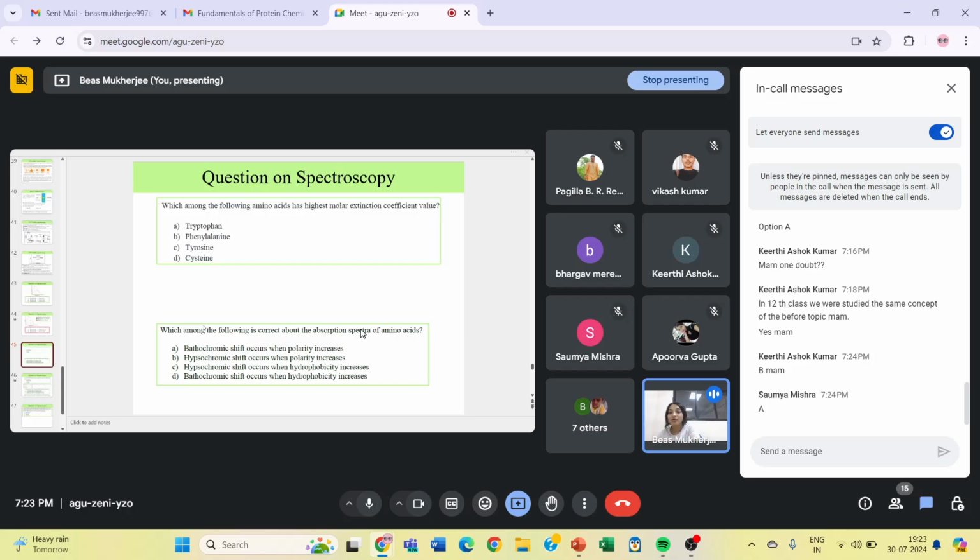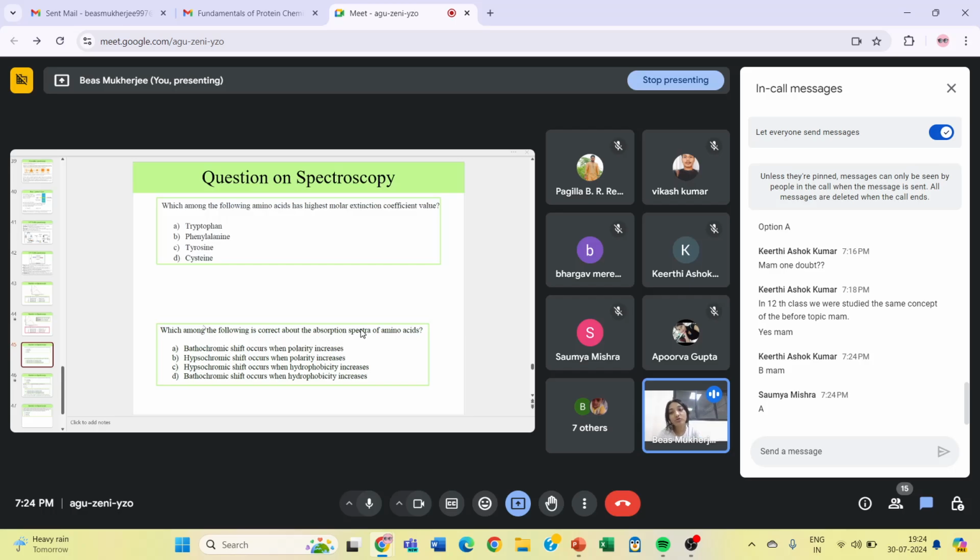Which of the following is correct about the absorption spectra of amino acids? Bathochromic shift occurs when polarity increases. Hypsochromic shift occurs when polarity increases. Now, these are the kind of questions which are very tricky. You will have to remember, because without that it would become very difficult to figure out.